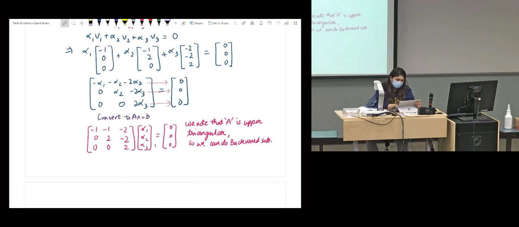If you do backward substitution, it is very easy to see that you'll get alpha 3 equals 0.